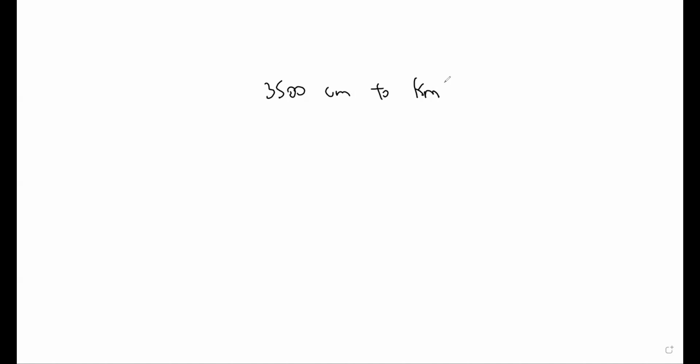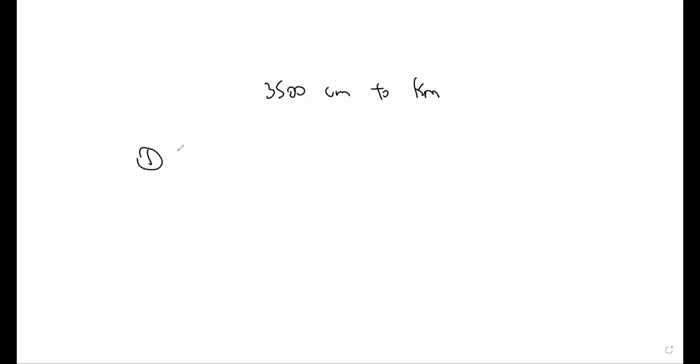So what you do is you think of this as two separate questions. You convert from centimeters to meters, and then you convert from meters to kilometers. In this regard, it's kind of unfortunate. When we get to decimal dumping later on, doing this type of question is way easier, but just bear with me. So let's just look at this.